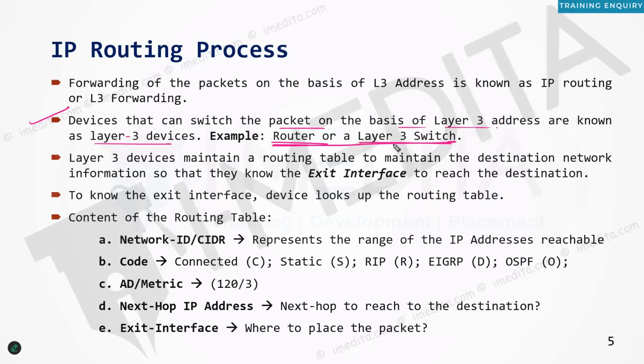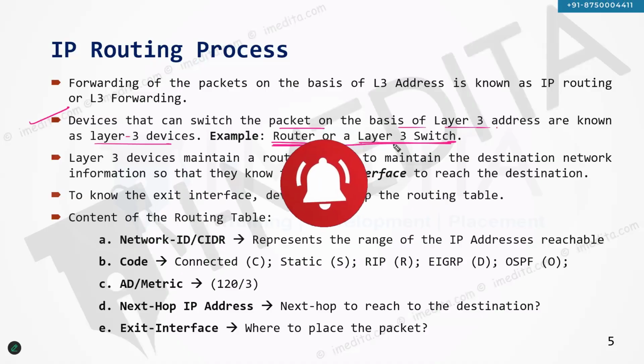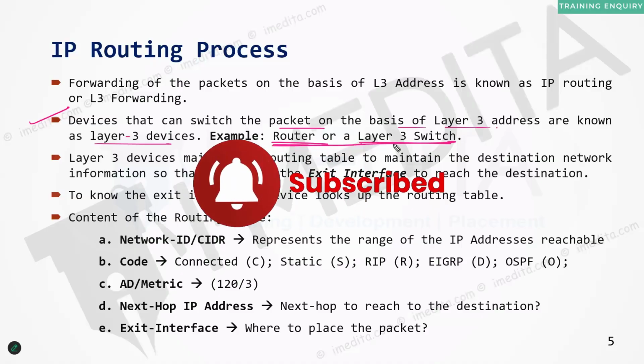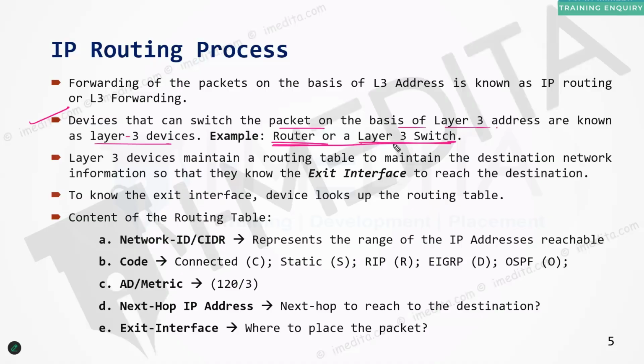You get routing functionalities on plenty of devices. Routing functionality basically means the ability to forward the packets based on destination IP. Not only routers and switches, but commonly routers and layer 3 switches are used for routing.